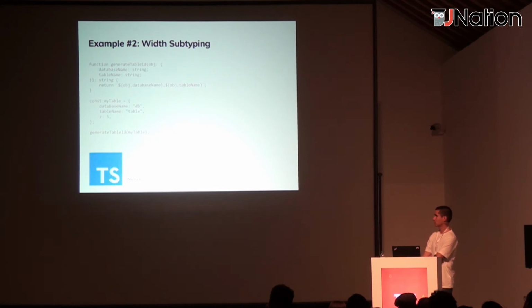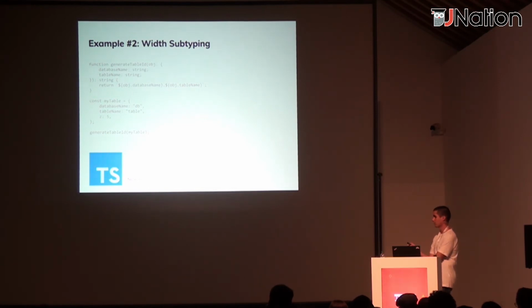And the reason it doesn't complain is because of width subtyping, because TypeScript basically chooses the most convenient option. It doesn't make sense for it to error here, because there's no world in which there could be a runtime type error caused by this. And so basically, TypeScript accepts that you pass a wrong type to that function, because it only cares about there being at least the properties that the function expects.